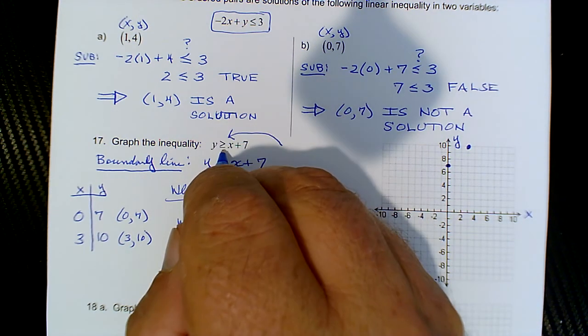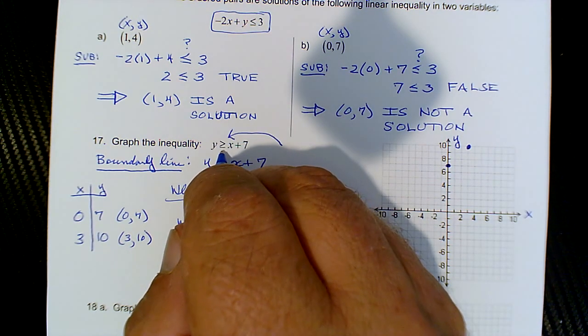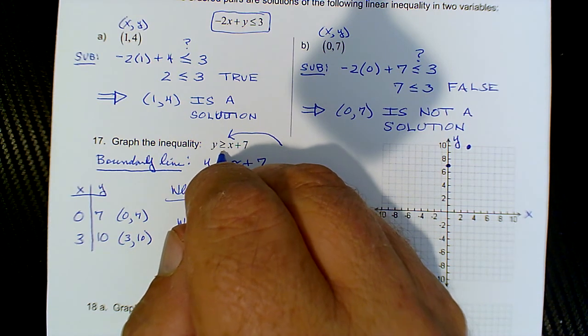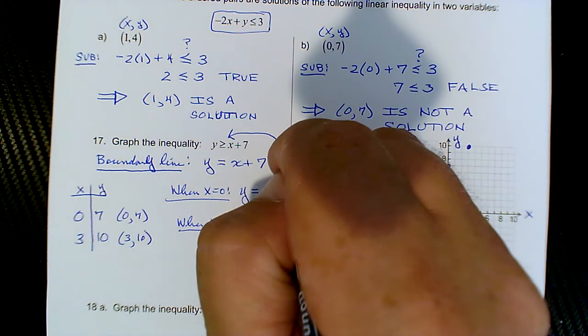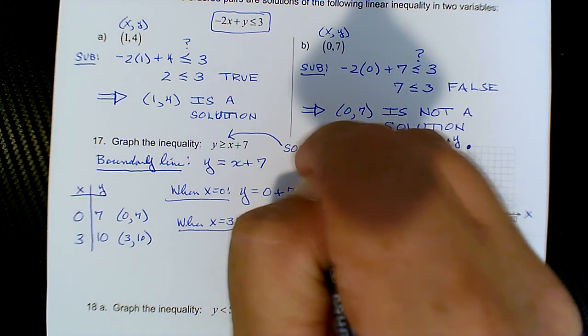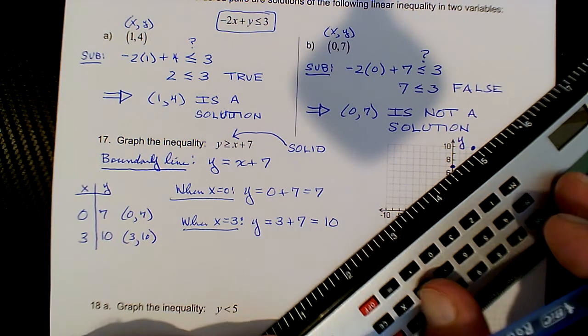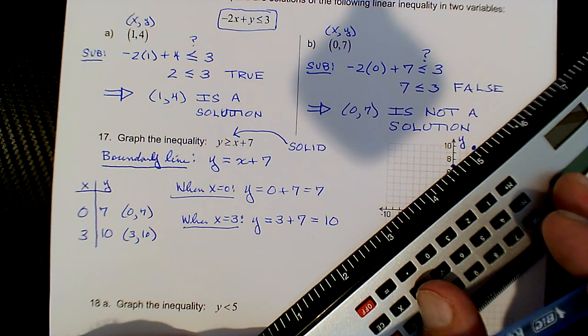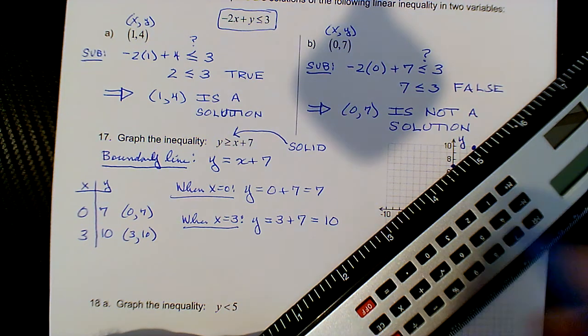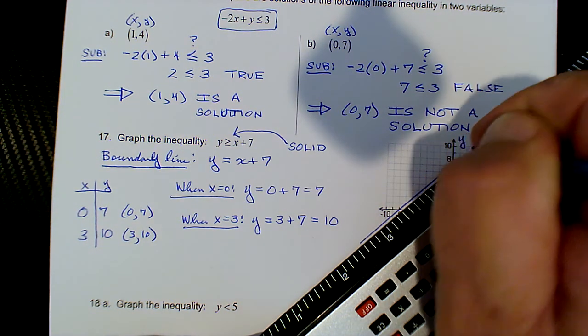Okay, now I gave two examples of question 18 because they're both special lines. You'll get one of them, but they're special lines because they only contain one variable. First off, the boundary equation for 18a is y equals 5.